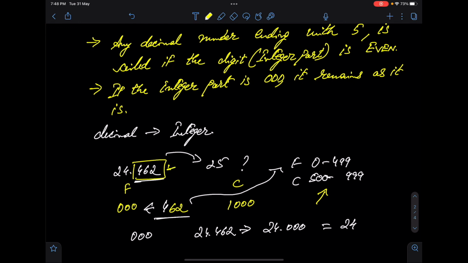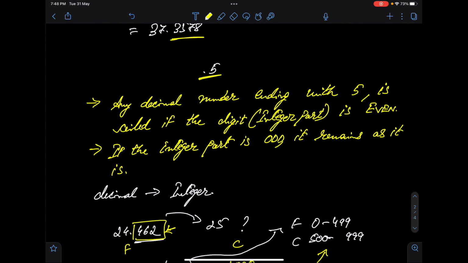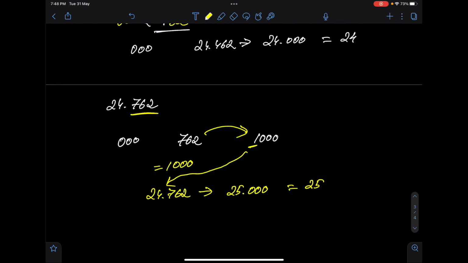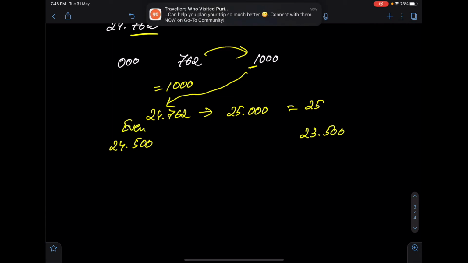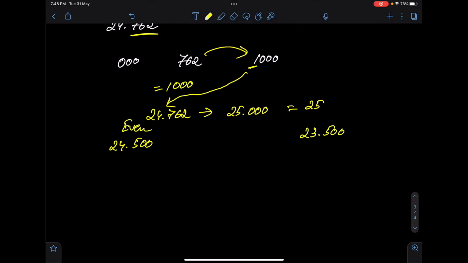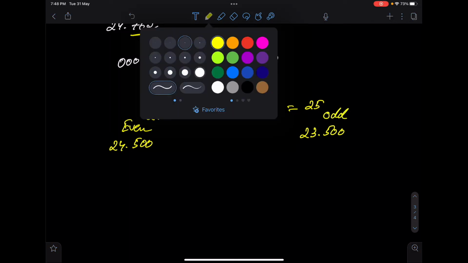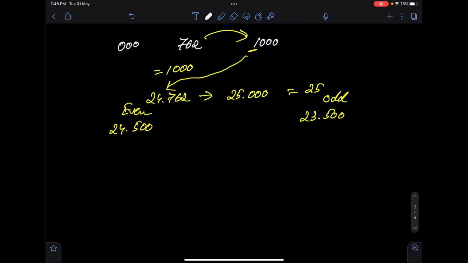But what if it is 24.500? This is one example, and 23.500. This part is, as you can see, even. This part is, as you can see, odd. The decimal part is 0.5, and this is what you got to write.